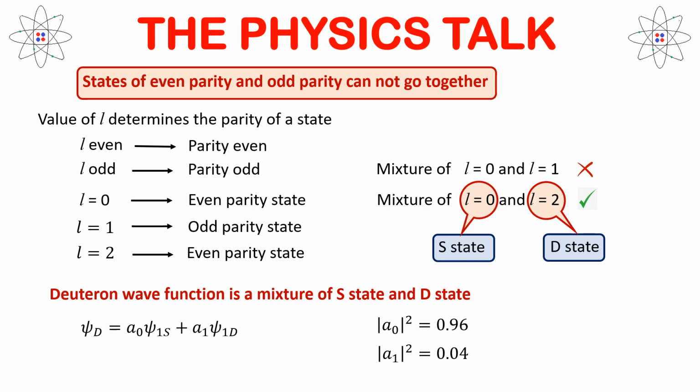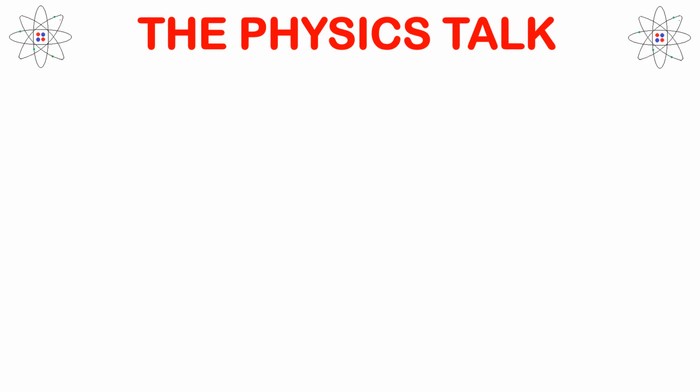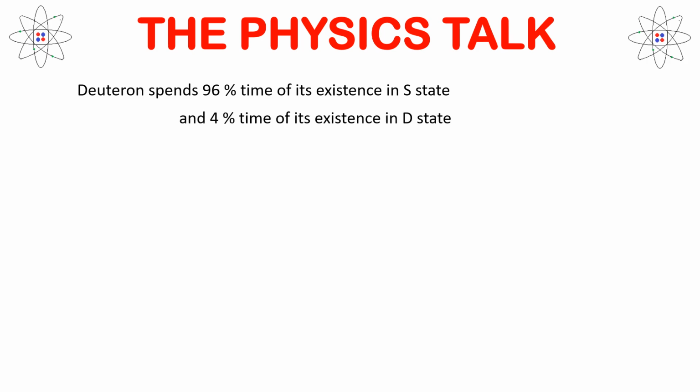This physically means deuteron spends 96% of its time in S state and 4% of its time in D state.